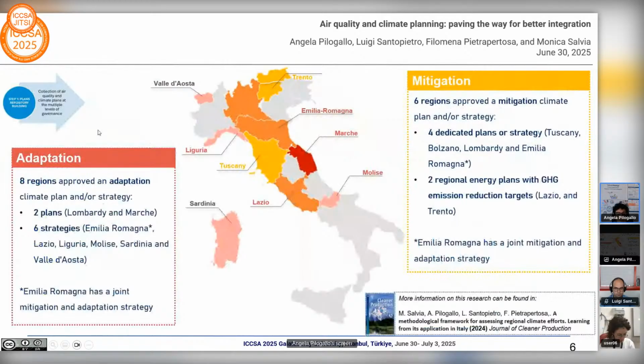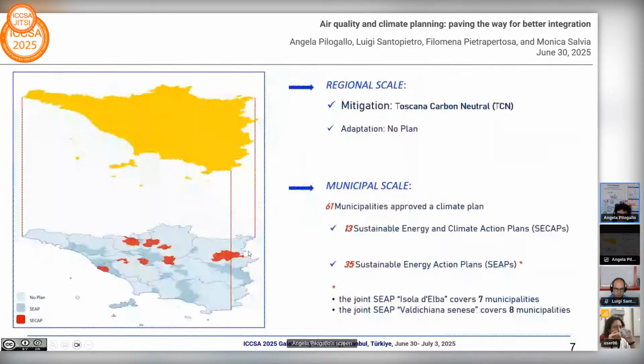In Italy, just 8 regions out of 20 approved an adaptation plan or strategies, and just 6 regions approved mitigation plans. This is very meaningful, considering that climate planning is on a voluntary basis in our country.